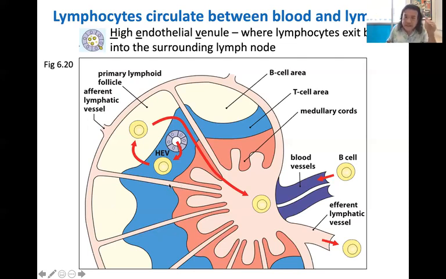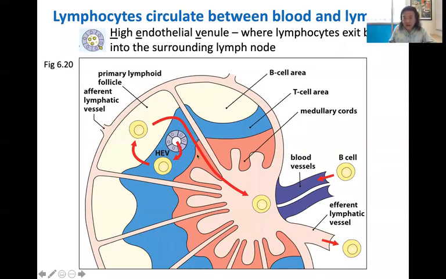Inside the lymph node, the B cell will have an opportunity now to interact with other lymph node cells, and importantly, potential antigens that were brought in here through the lymph fluid that was draining from tissue, for example, from the site of infection.